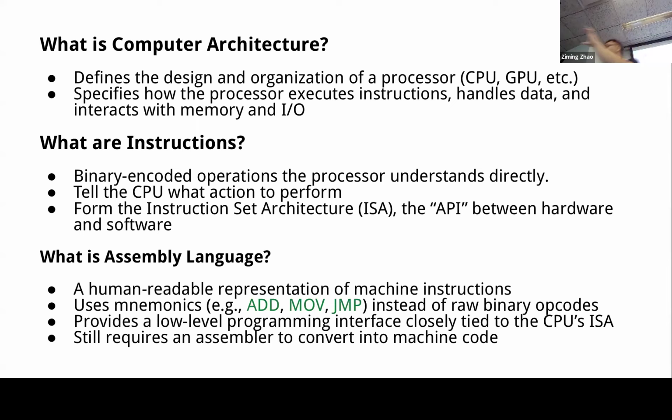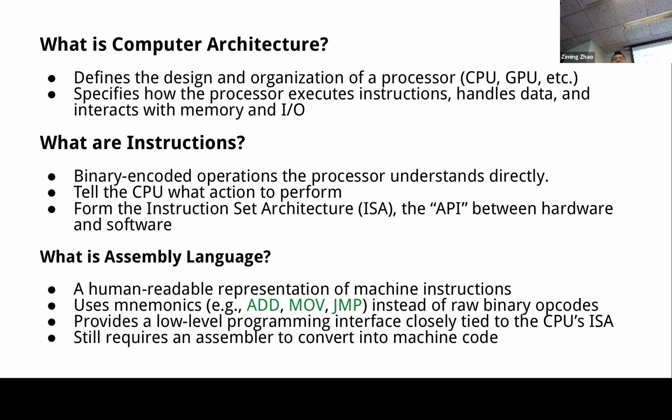Basically, that's the interface between hardware and software. Hardware, CPU and GPU, provide an interface to the software, which is the instructions. You do not need to understand the inner workings of the CPU or GPU internally. You only need to understand the interface, how to use them. Assembly language is a human readable representation of those machine instructions.